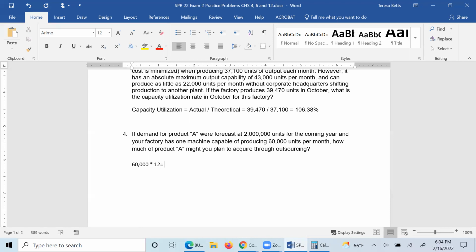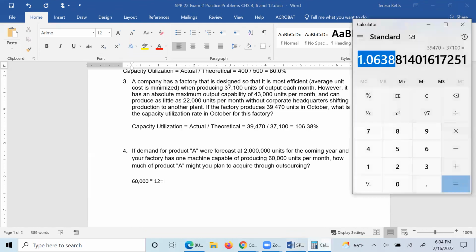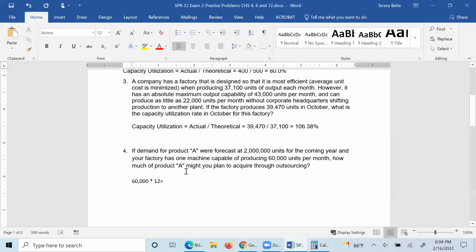Let me just do it on a calculator because I don't want to get my decimal in the wrong place. 60 times 12 is 720,000. So I may want to outsource 2 million minus the 720,000.